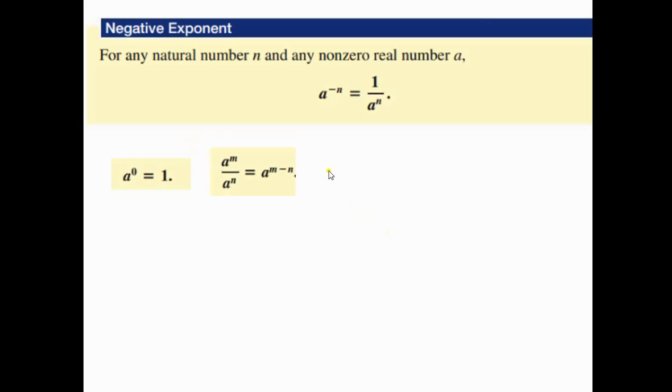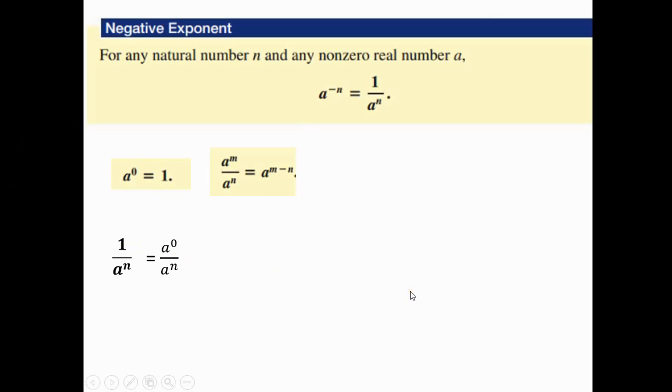So to explain this one, the negative exponent rule, let's first consider 1 over a to the n. We can rewrite that as a to the 0 over a to the n, because remember, a to the 0 based upon this rule is 1. Okay?